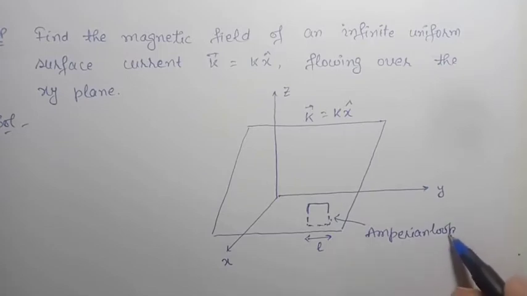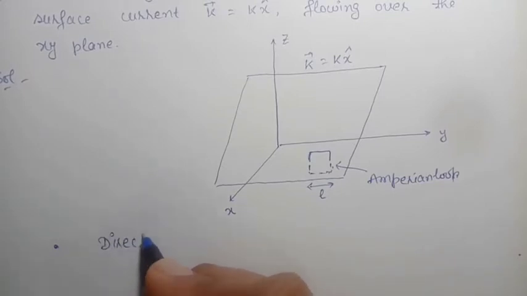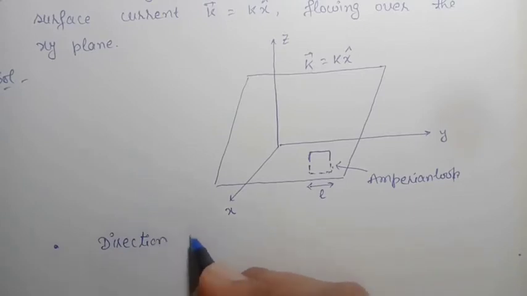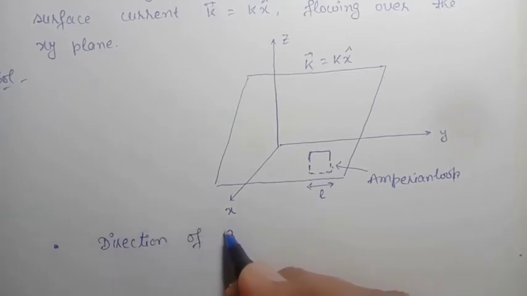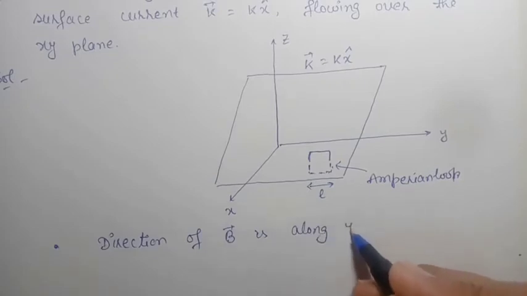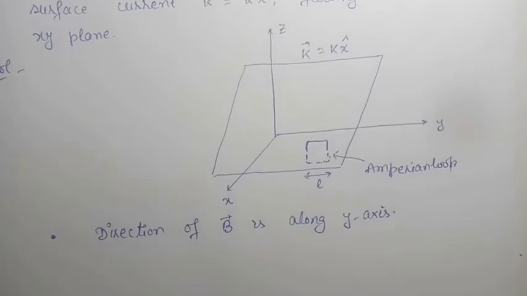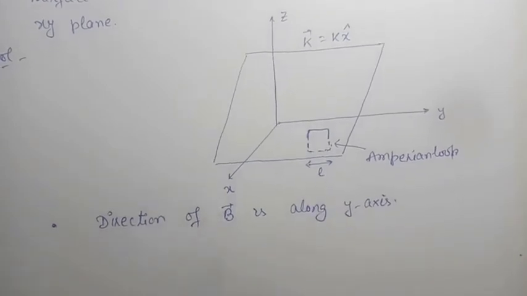Okay, so the first point here is the direction of the magnetic field. The direction of the magnetic field is along the y-axis.